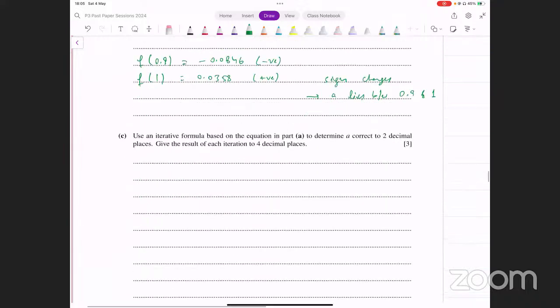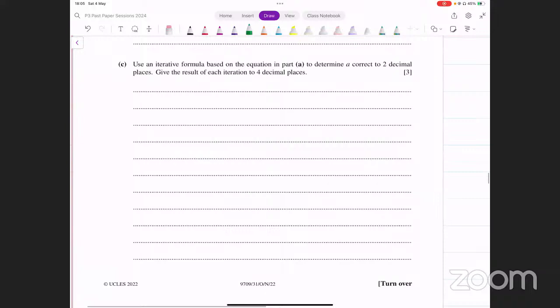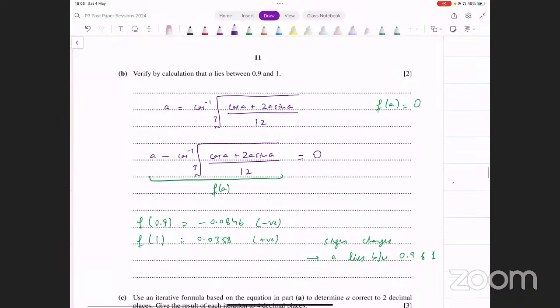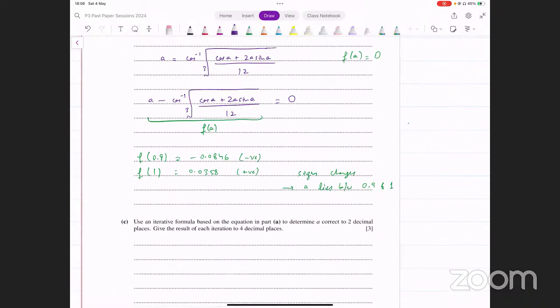Now let's look at the third part. Use an iterative formula based on the equation in part A to determine A correct to two decimal places. Now again, this is what the equation looks like. You would make an iterative formula for this.